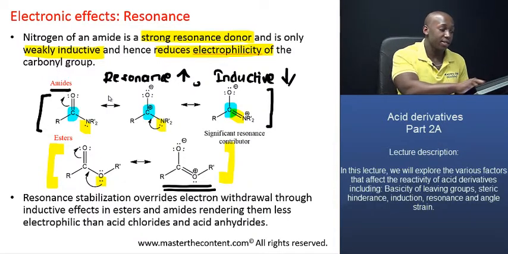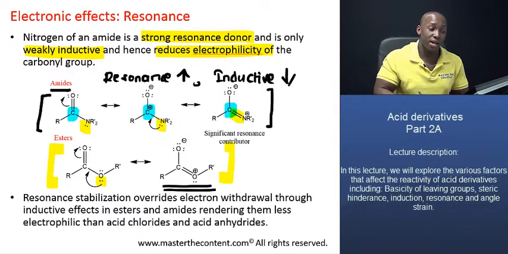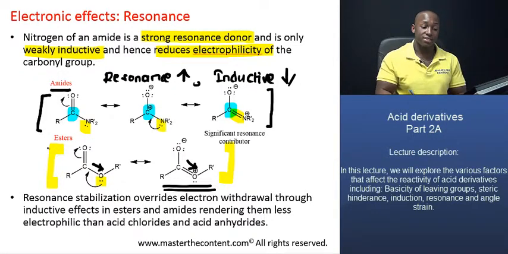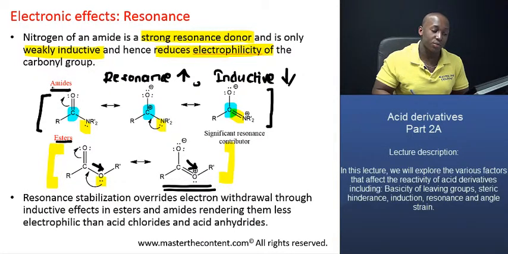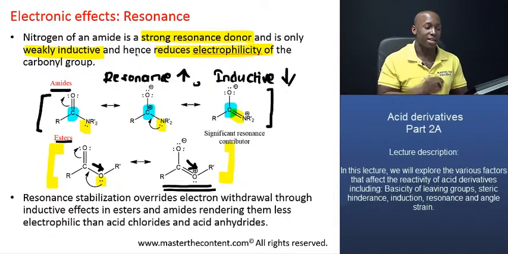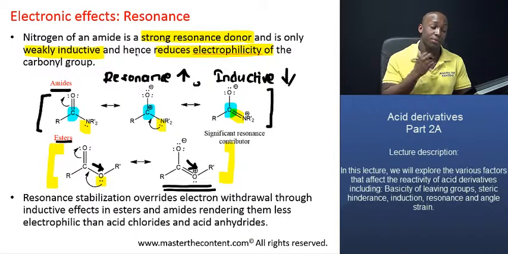Although esters do have somewhat of a resonance effect, reducing the reactivity of the carbonyl group, that effect is somewhat overcome by the inductive electron withdrawal that also occurs as a result of the electronegativity of the oxygen group. So resonance is not that much of a problem for esters as far as their reactivity is concerned, which is why esters will be more reactive than amides, but less reactive than acid chlorides or acid anhydrides.